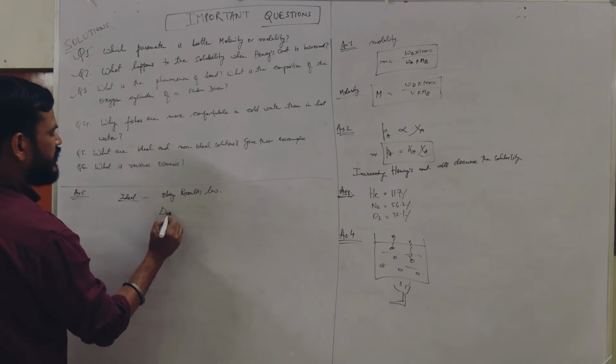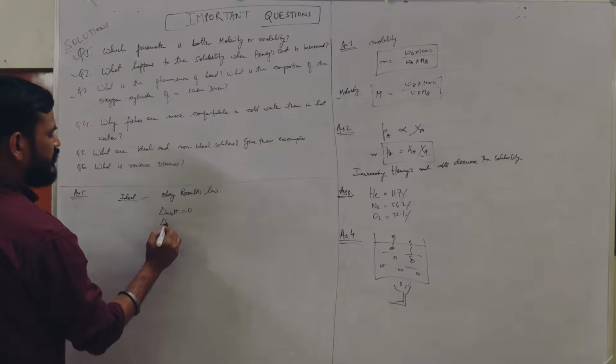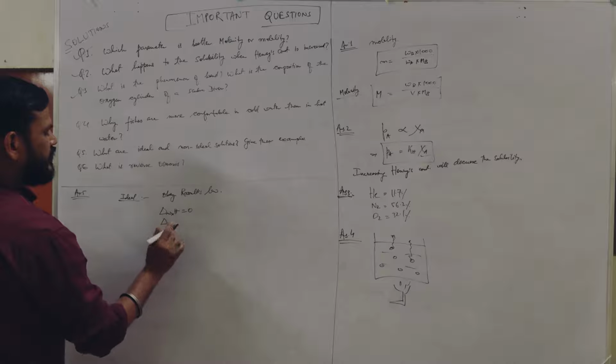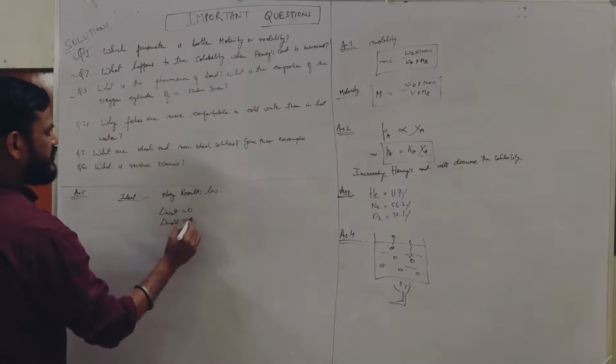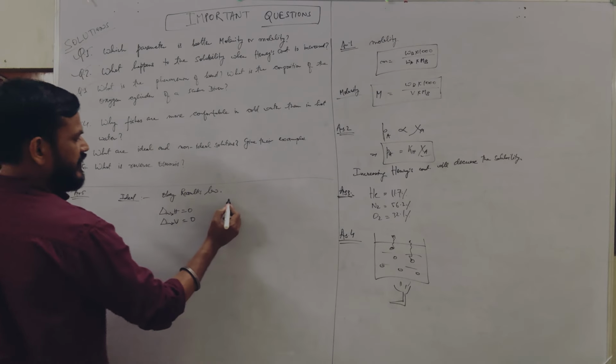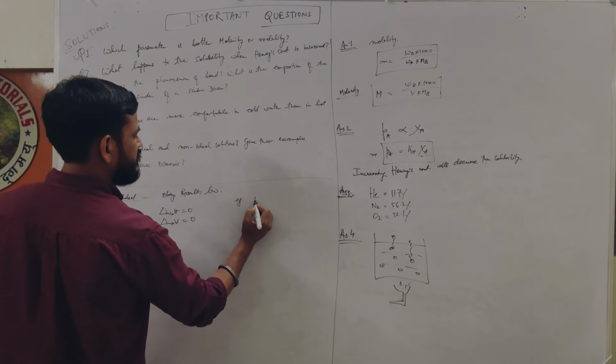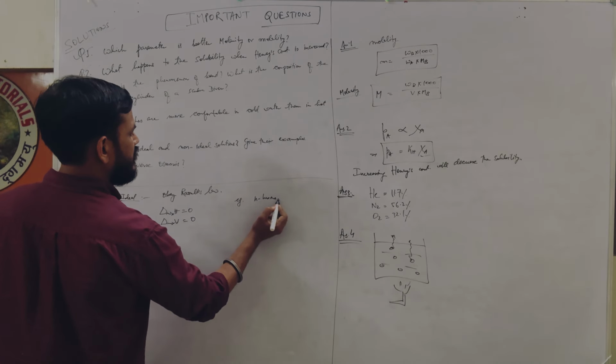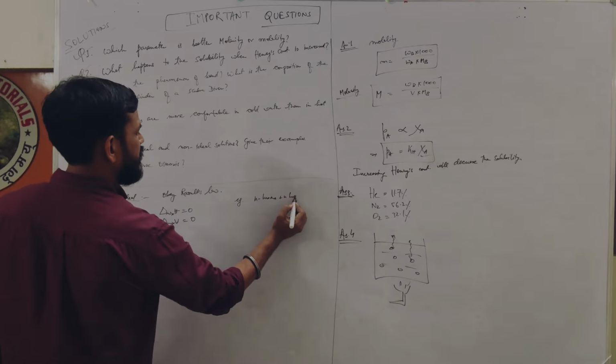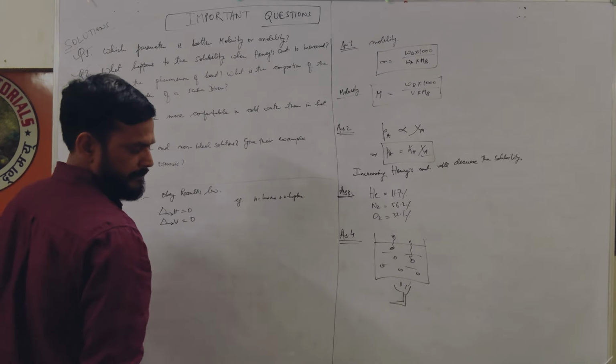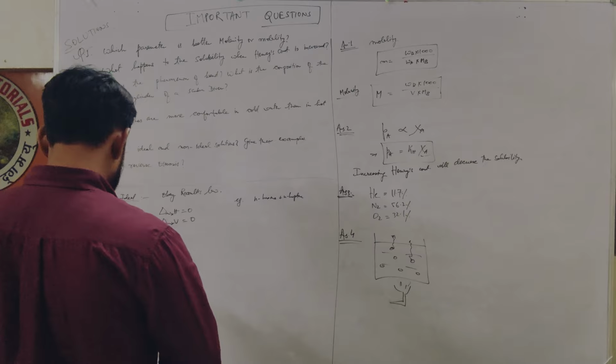Also, the enthalpy of mixing is 0, and the volume of mixing is also 0. Examples are n-hexane plus n-heptane, and we have more examples.